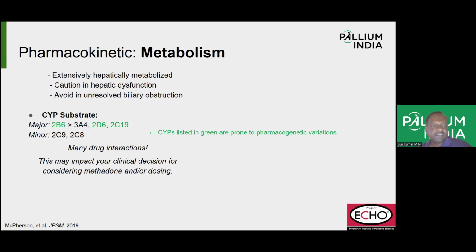So various cytochrome P enzymes are involved, and you know that there are many other medications which are metabolized by the same route, that is by various cytochrome P enzymes. So that will lead to drug interactions. This is another issue with methadone.